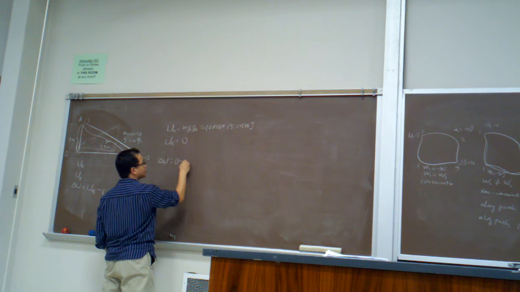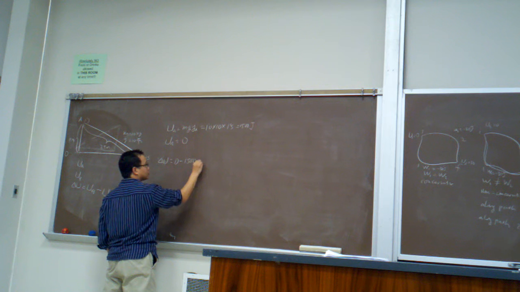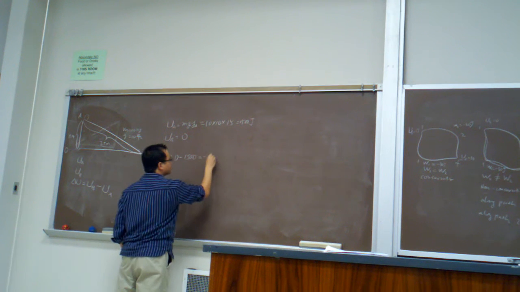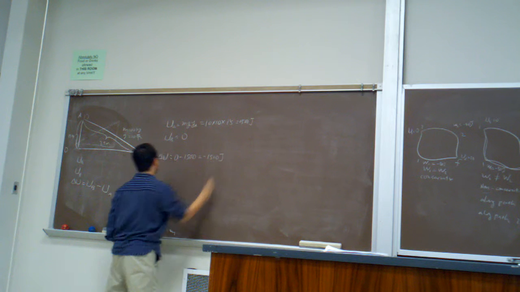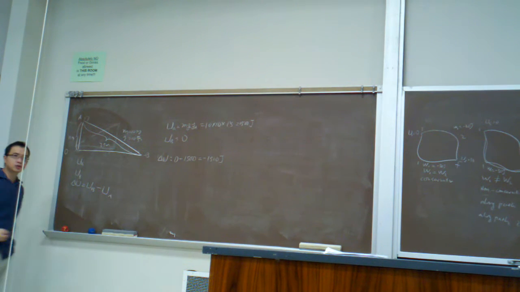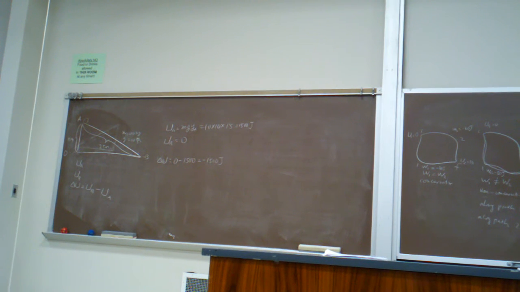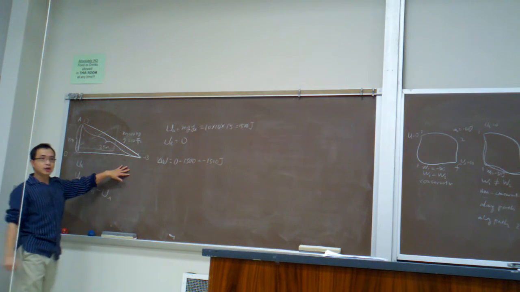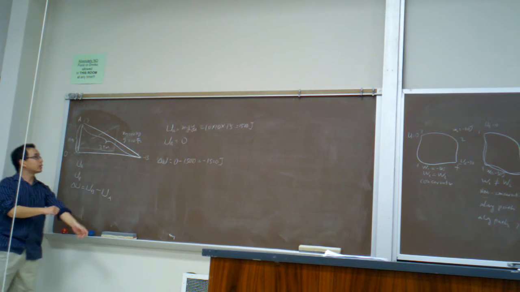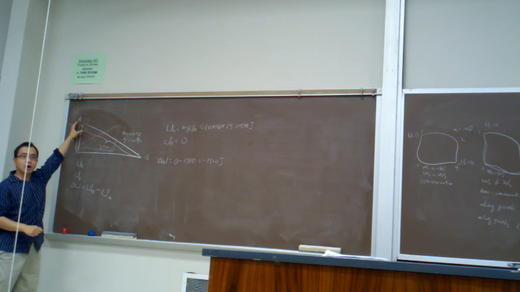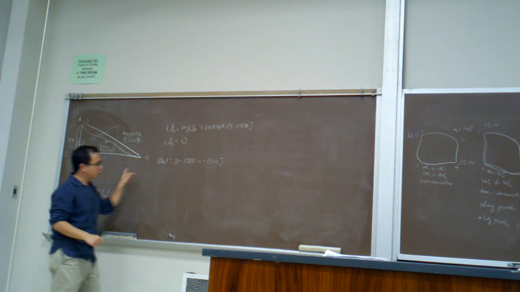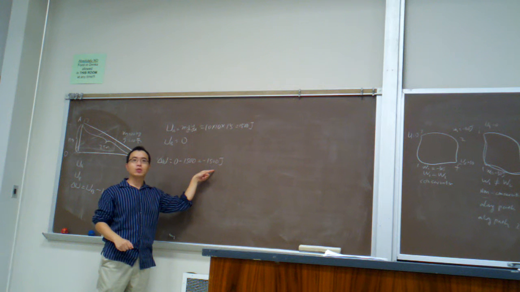So 0 minus this equals negative 1500 joules. Okay. So the potential energy change is negative 1500 joules, from here to here. That's something you can see: if an object goes from a higher position to a lower position, the potential energy will decrease. So that's why you get a negative sign.